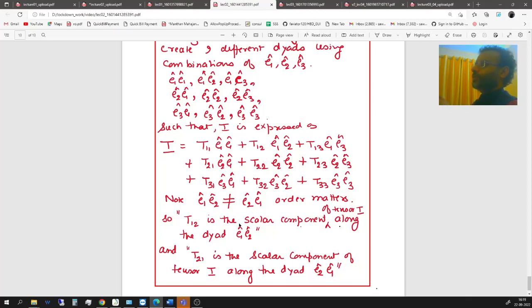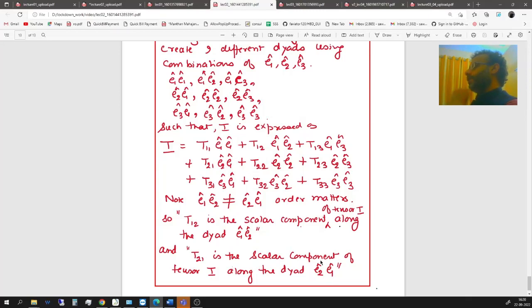So I am using words similar to the words I used when we were dealing with first order tensor, and we are extrapolating that idea that we had for first order tensor. So T12 is the scalar component of tensity along the dyad E1 E2.